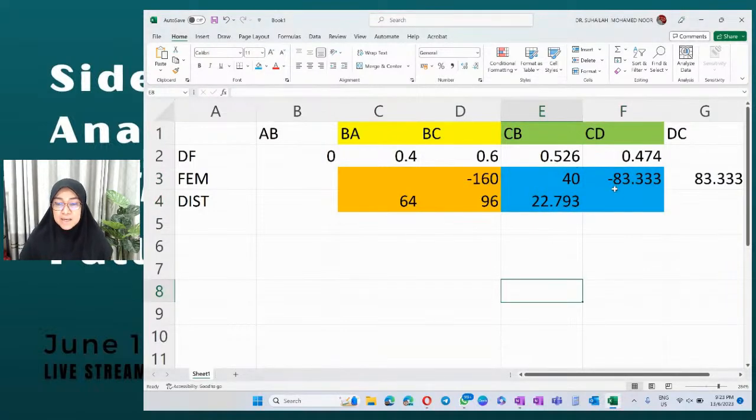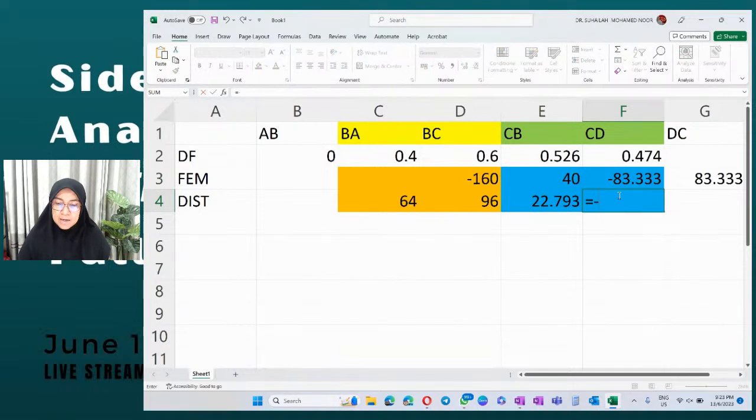Okay, for checking, total moment at C is 40 plus FEM CD times the factor 0.474.